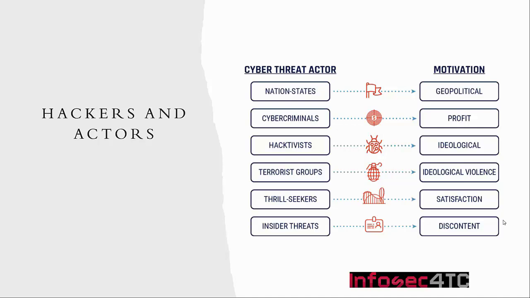For example, we also have thrill seekers, which means the attacker is just learning something new. He does this attack to study something, for example. And we also have insider threats. Maybe one of our employees copies our data for one of our future competitors, for example. So we must implement security controls.